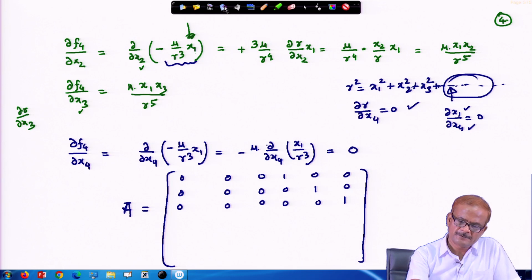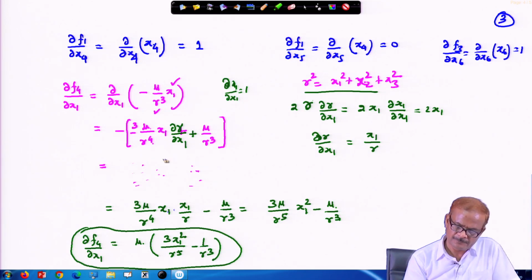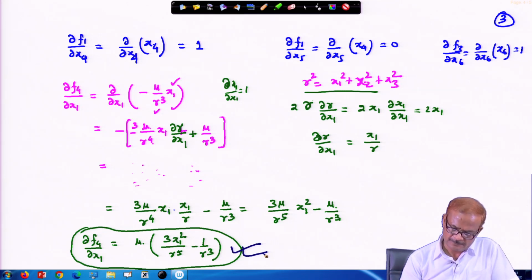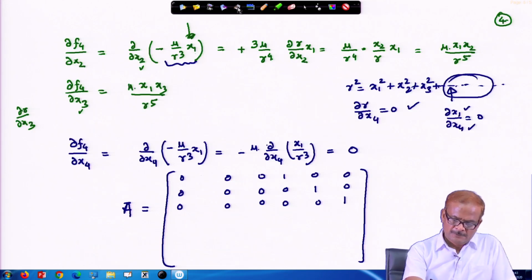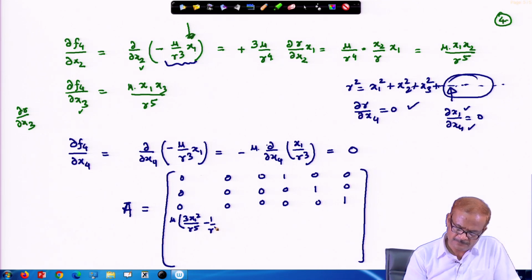So, ∂f4/∂x1 already we have evaluated, ∂f4/∂x1 is the quantity we have written here. Okay. So, this is mu times 3 x1 square by r to the power 5 minus 1 by r cube.